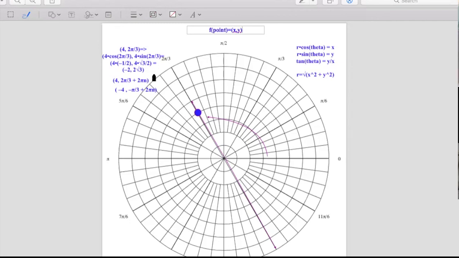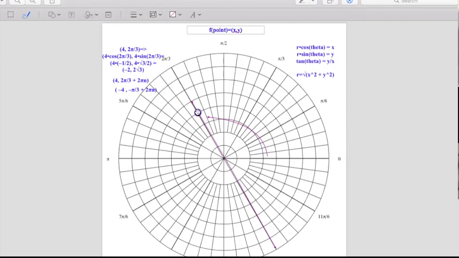For polar coordinates, it's not a function. What do you mean it's not a function? What I mean is, if I give you a point and ask you to give me the coordinates of the point in polar coordinates, there's not one answer. There's not one output for the input. The input here is to identify a point.